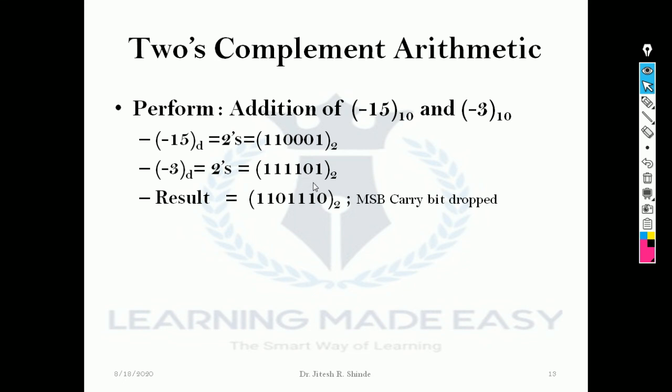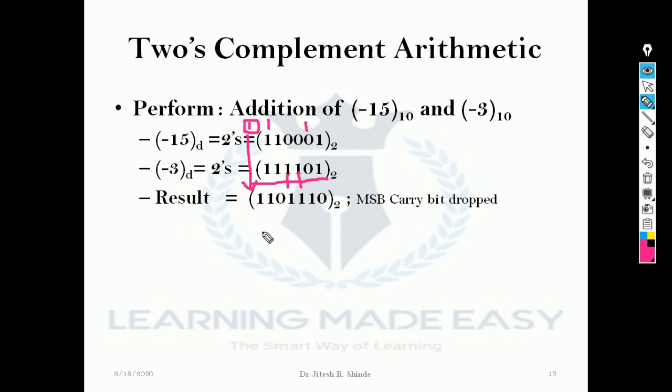On the addition, what result are we getting? 1 plus 1 is 0 with carry generated, 0 plus 0, and 1 plus 1 is 0 with carry generated, and so on, and the MSB bit is generating a carry here.